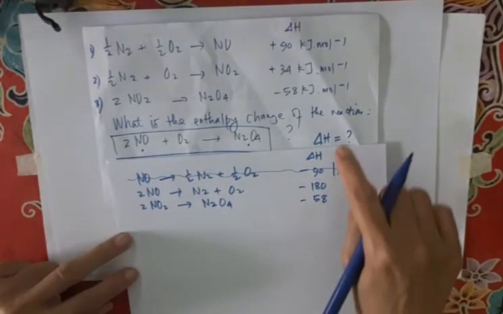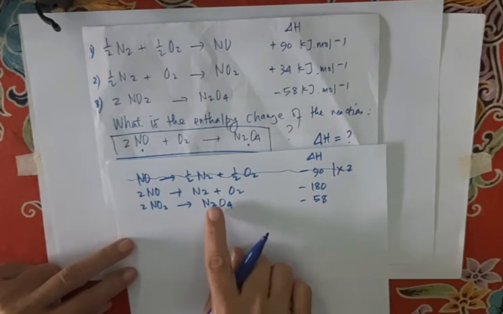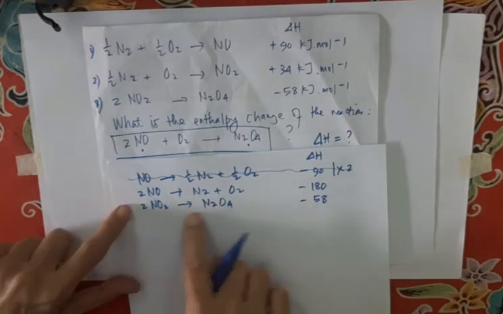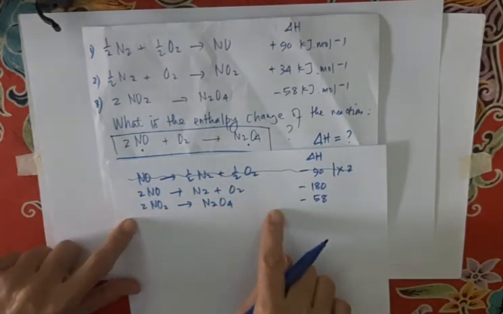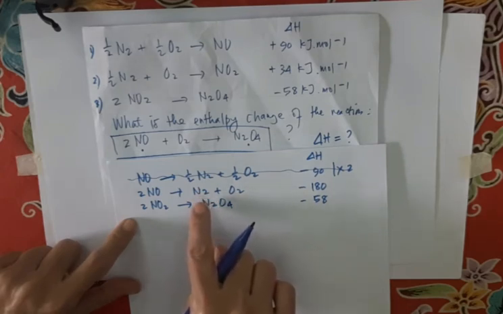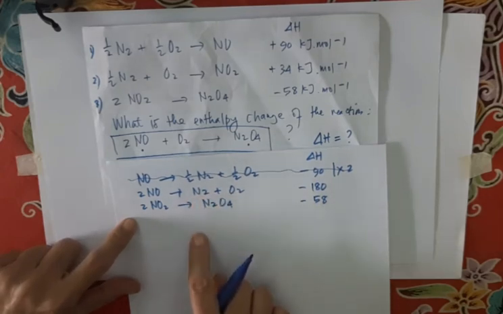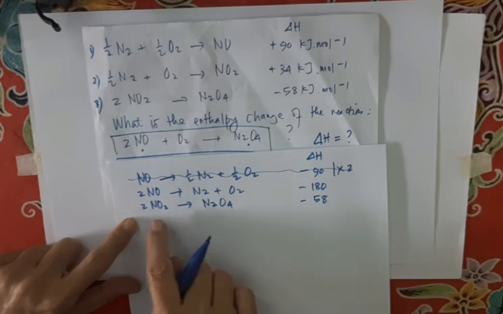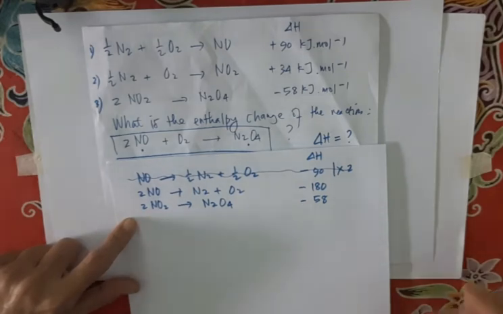But if you see here, if you sum these two equations, you will see N2 and also NO2 in the final equation.